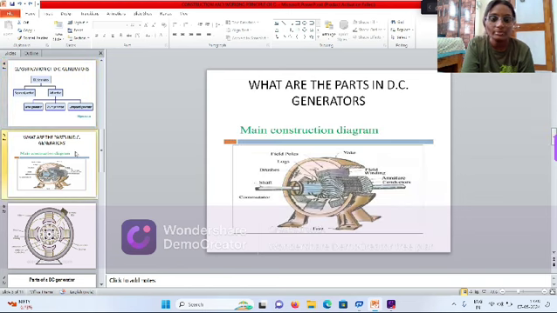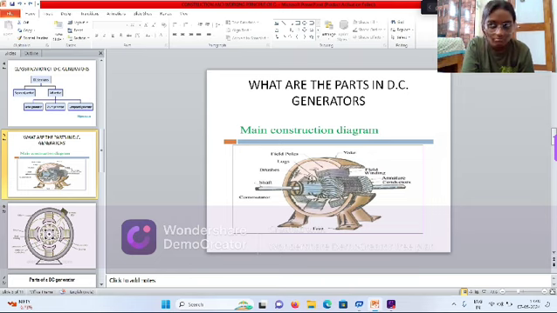Let me explain to you about the parts that are present in a DC generator. Here is a 3D diagram of a DC generator. Here are the parts. The outermost part, which acts as a shield or a protection layer of a DC generator, is the yoke, and these are the brushes.